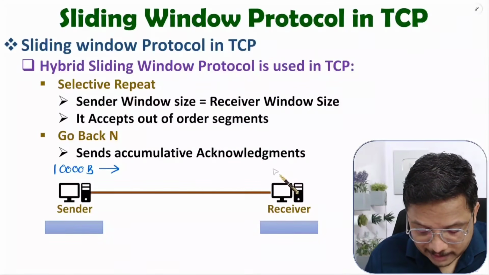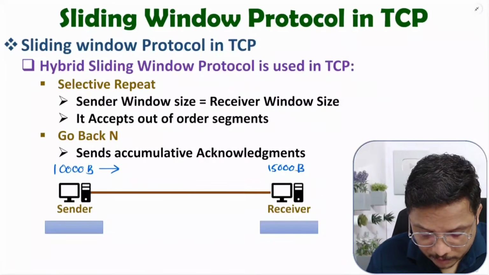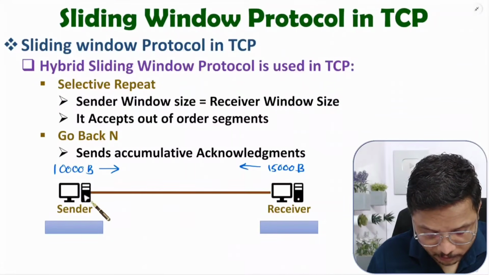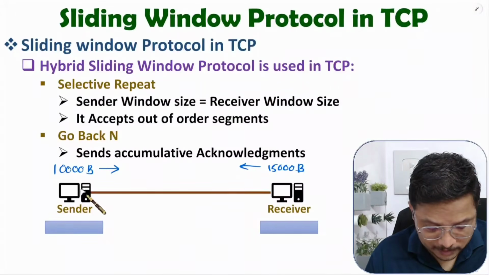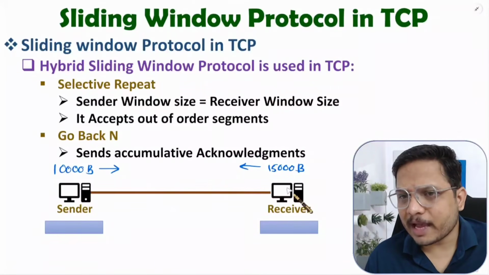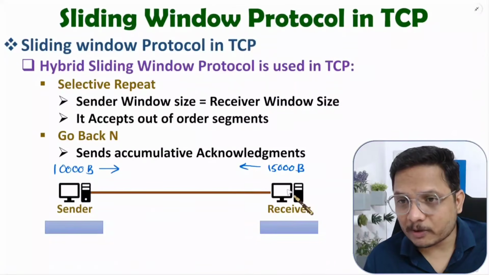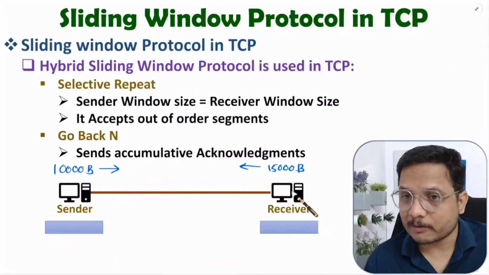Then the receiver says it has 15,000 bytes of window size, and this is forwarded to the sender. So now the sender and receiver both know the available window size of the two computers.